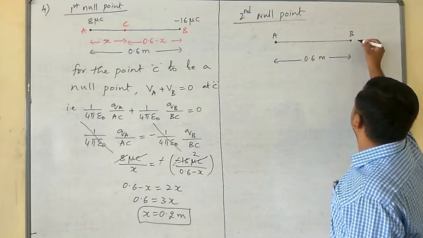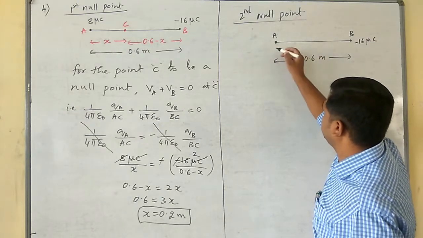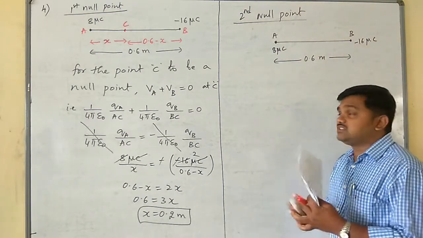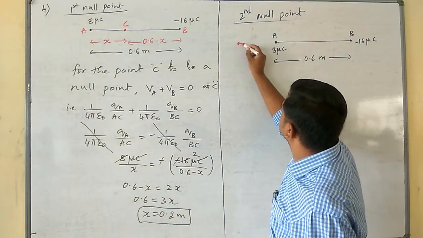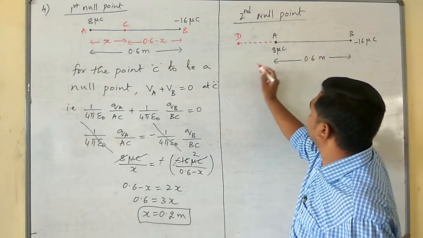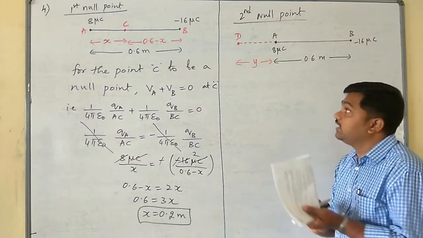Here minus 16 microcoulomb, here plus 8 microcoulomb, and we know that the second null point will lie on the line joining the two charges, outside them but nearer to the smaller charge. Say for example this point is Y.